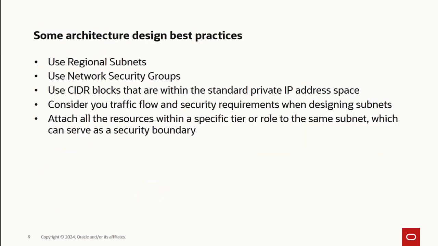So best practices, use the regional subnets, frankly, use the fault domains within the regional subnets to keep your data further secure, and more highly available. Also look at network security groups.